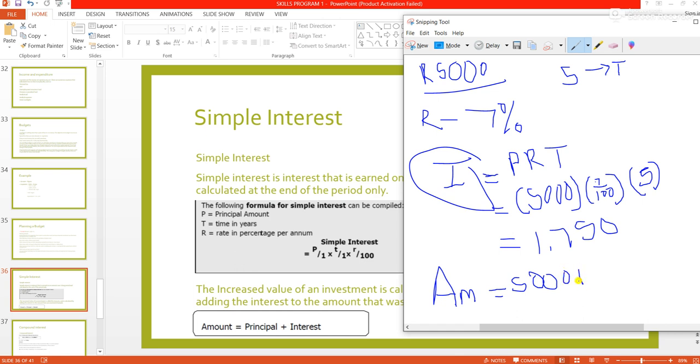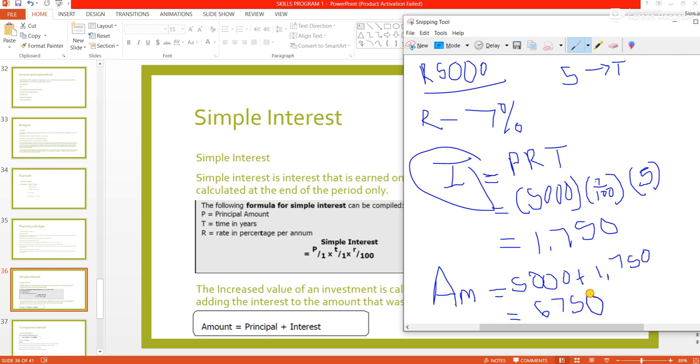We're going to add it to the interest, 5,000 plus 1,750. That will give us 6,750 for the next 5 years.